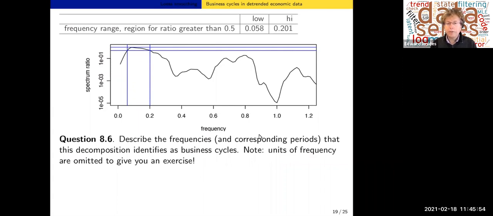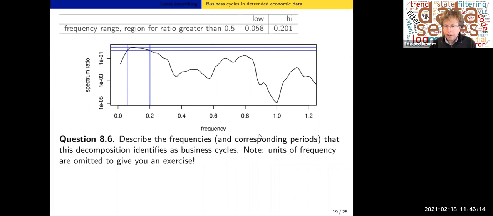Well, here we've done another frequency response function, this time for the business cycle frequencies. Let's look at what we get from that procedure.